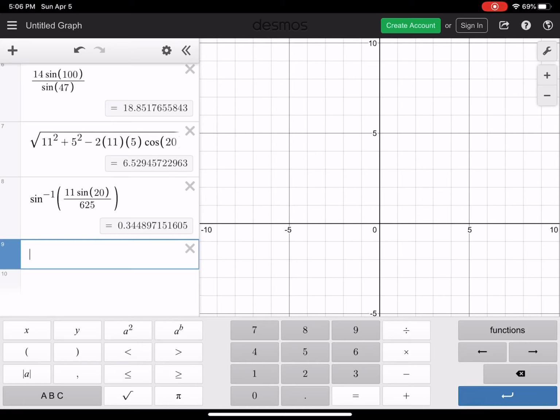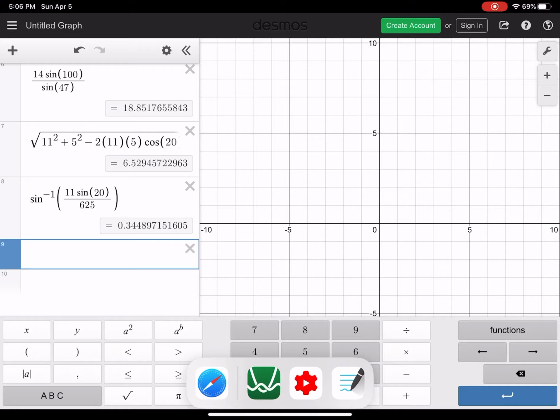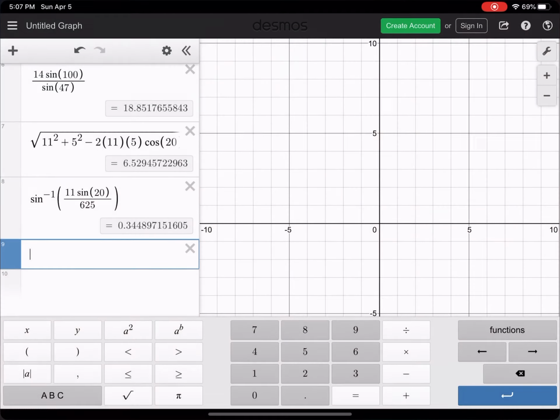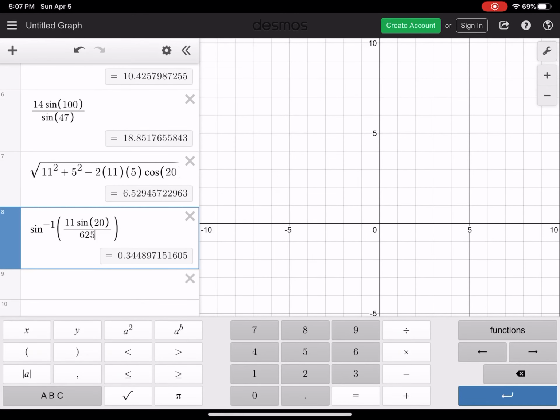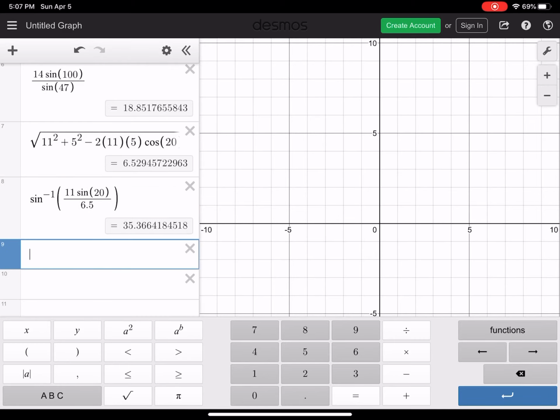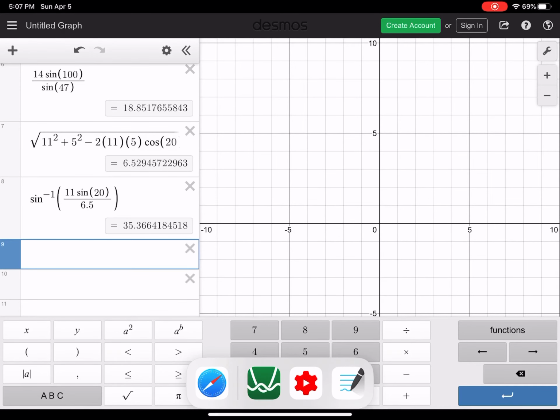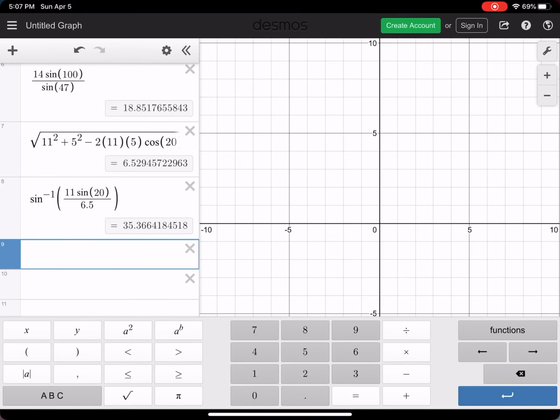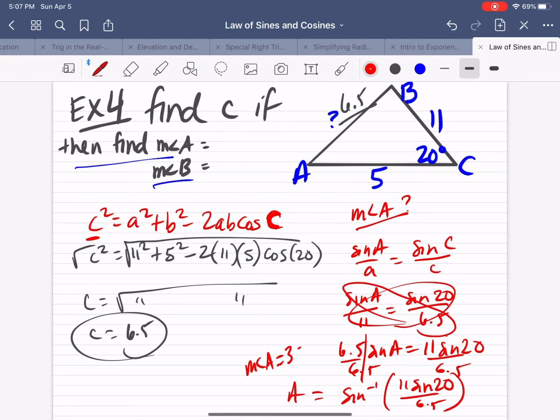Let me see if I plugged it in right. 11 sine 20, so it's 6.5 at the bottom. Okay, that looks more correct. So the answer is 35.4 if I round to the nearest tenth. So we have our second angle.